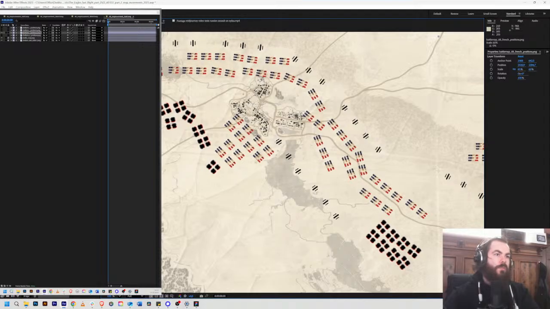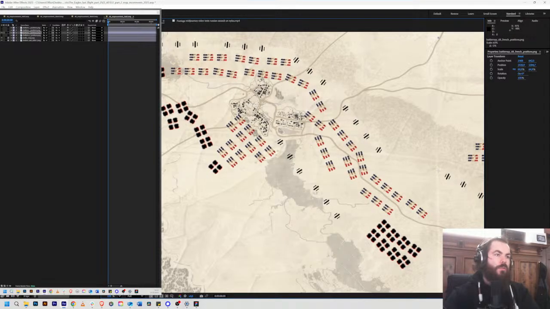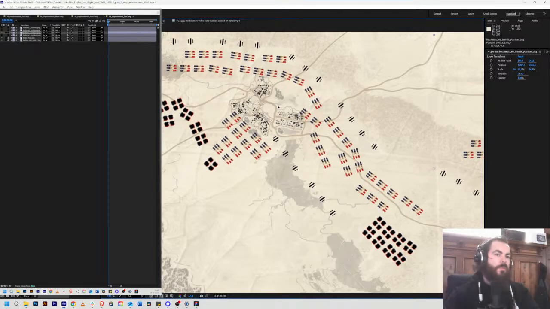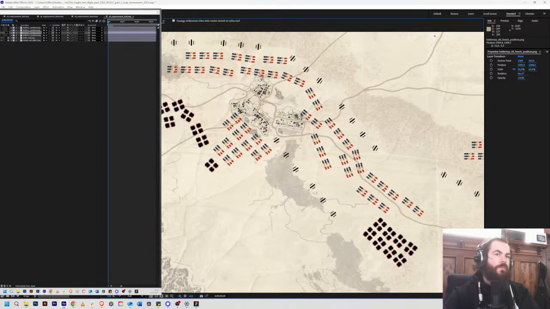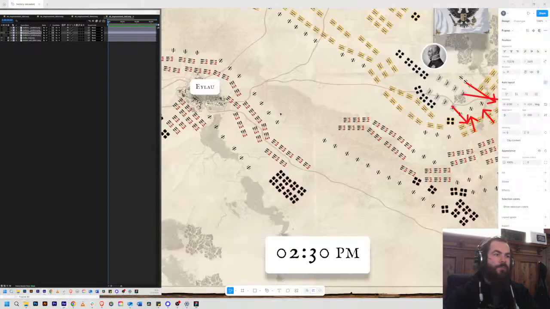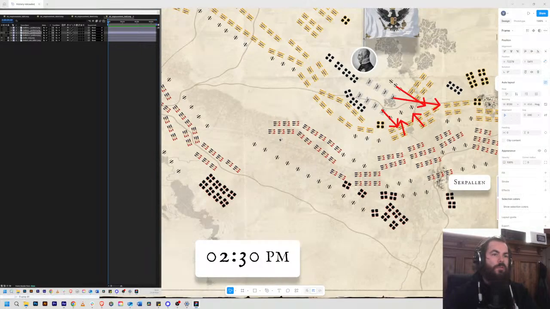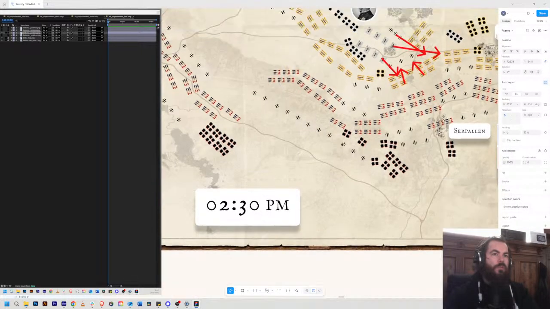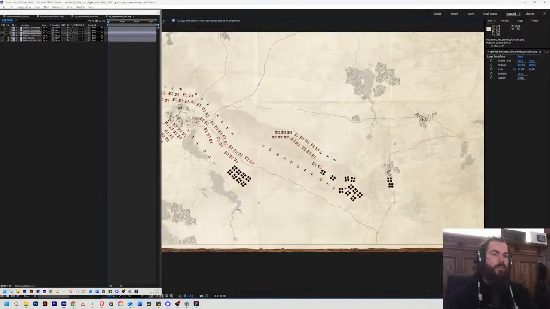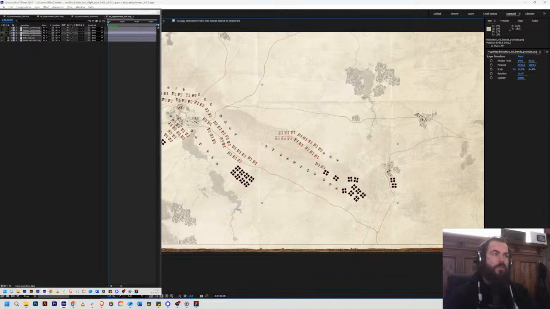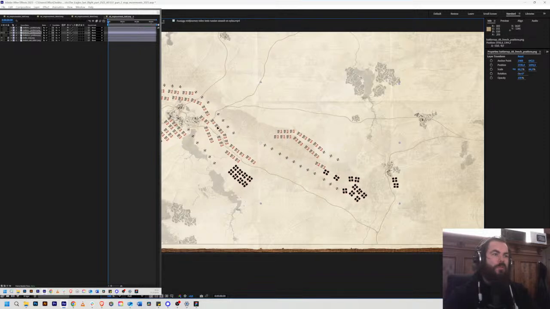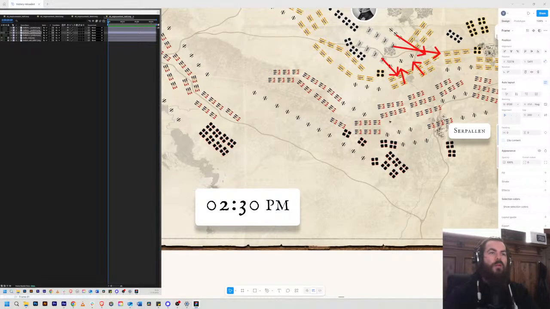A little bit small. To the left. Something like this, I guess. All right.